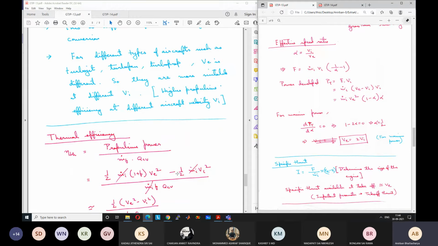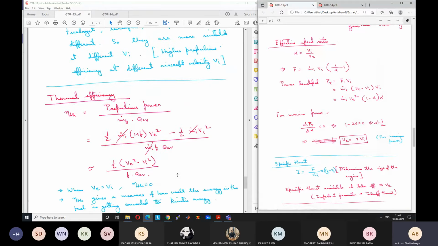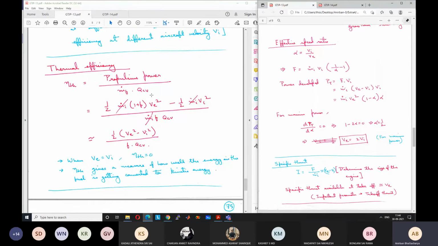So this is equal to the net change in energy in the engine. The net change in energy is the energy of the exhaust gases minus the energy of the inlet gases, relative to the engine.